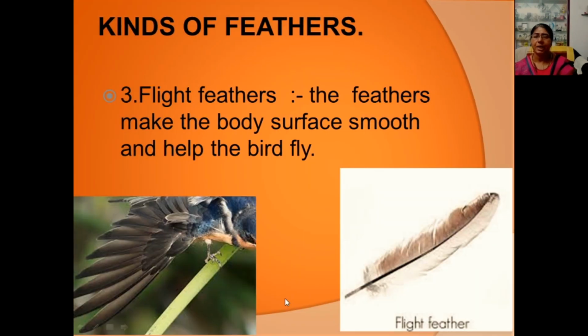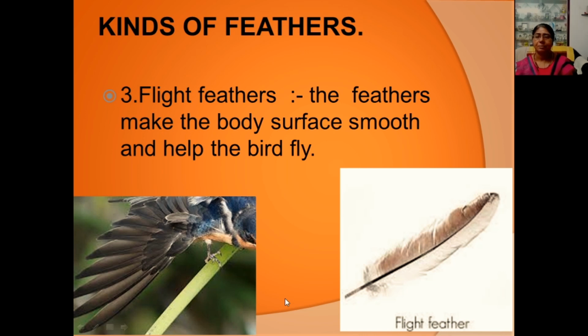Third important kind of feather is flight feathers. These kinds of feathers we can see in the tail and wings of the bird. Long flight feathers, you can see in the tail and wings.